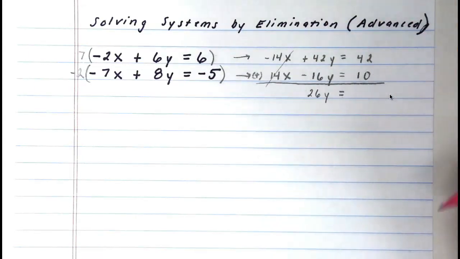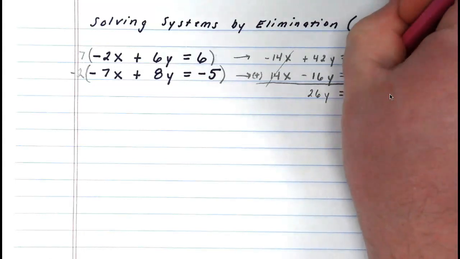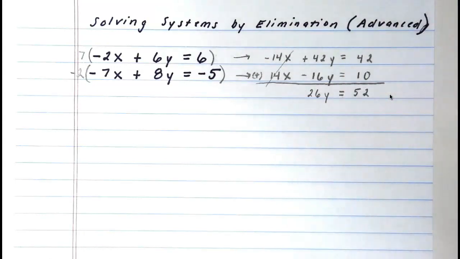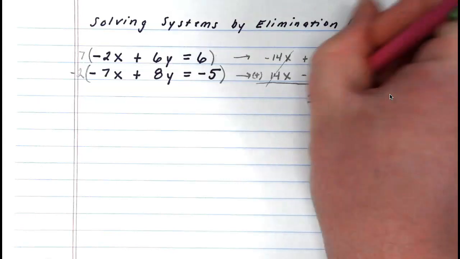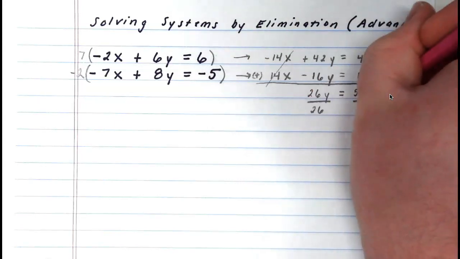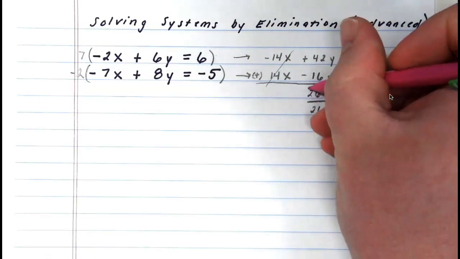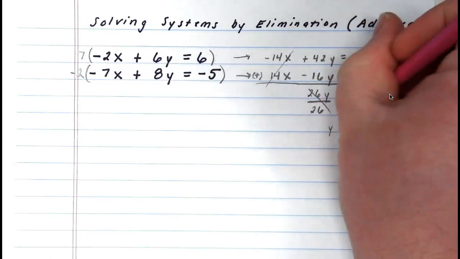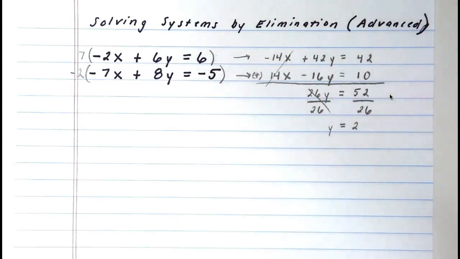And 42 plus 10 is 52. So now we have a much simpler equation, 26y equals 52. If we divide both sides by 26, that cancels and we're left with y equals 2.